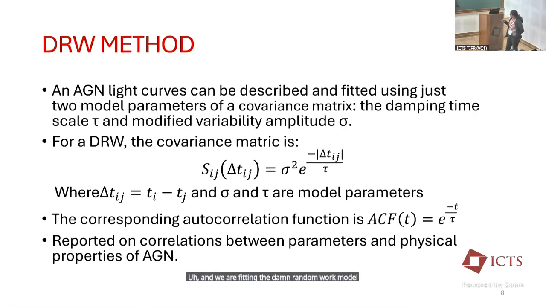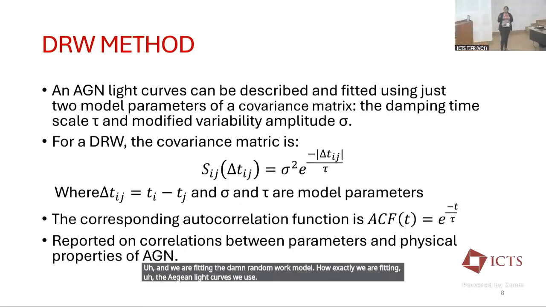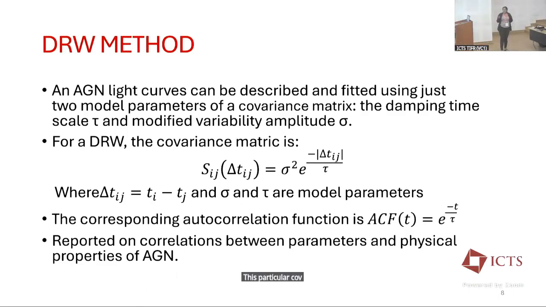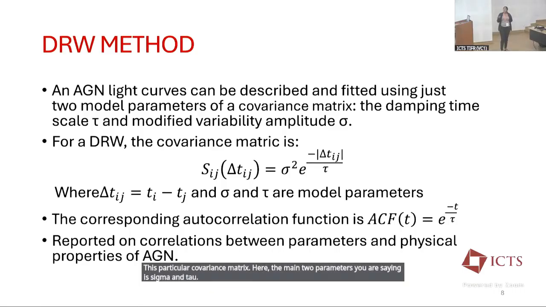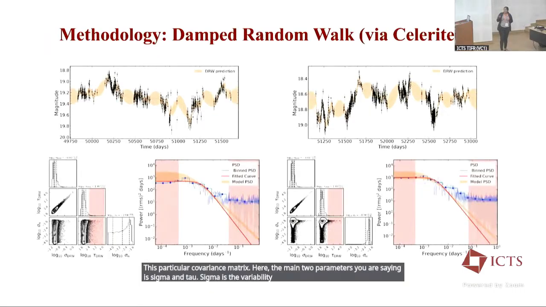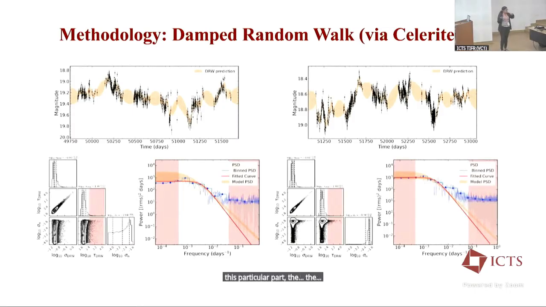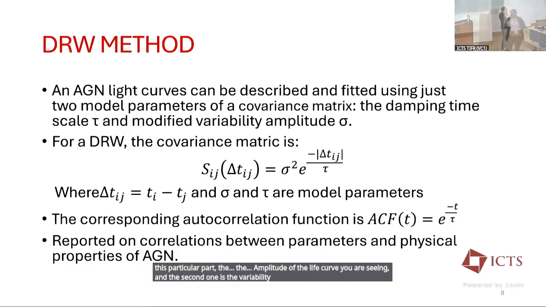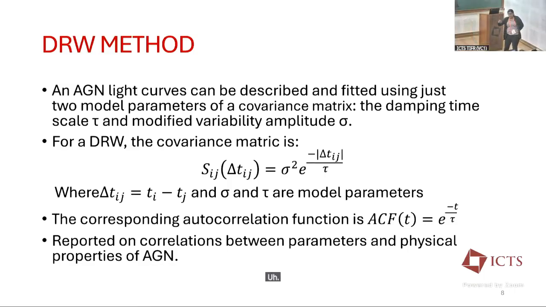How exactly are we fitting the AGN light curves? We use this particular covariance matrix. Here, the two main parameters are sigma and tau. Sigma is the variability amplitude, basically the amplitude of the light curve you are seeing, and the second one is the variability time scale, the time scale at which the AGN is kind of quasi-periodic.